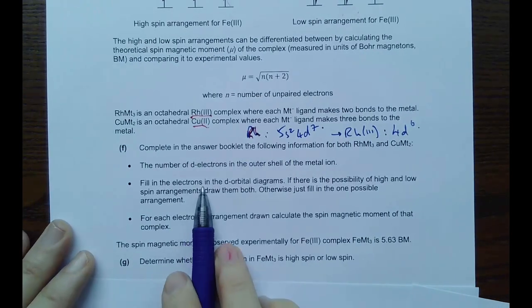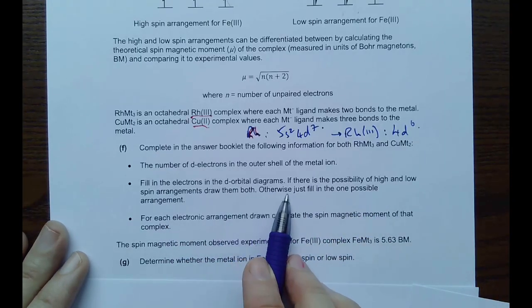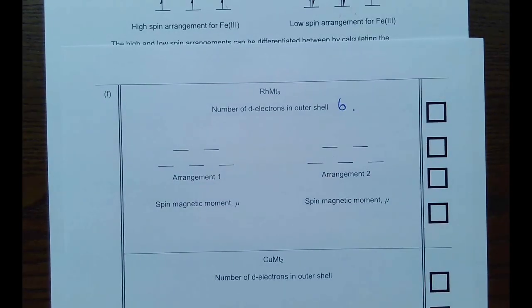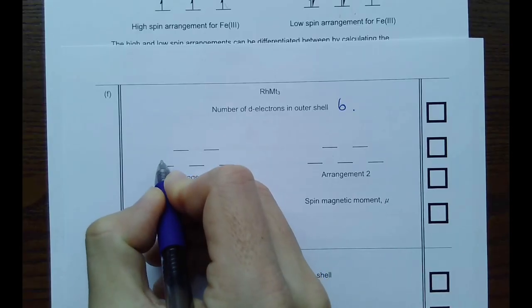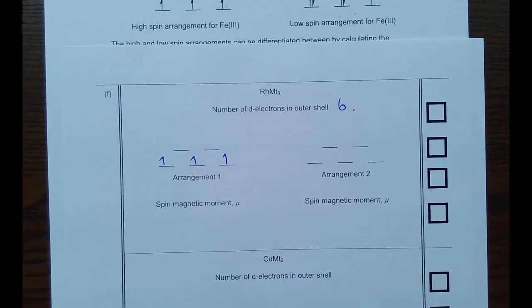And then it says, fill in the electrons in the d orbital diagrams. If there is the possibility of high and low spin arrangements, draw them both. Otherwise, just fill in the one possible arrangement. So, let's go with 6 electrons. 1, 2, 3. Okay, so those are my first 3 electrons.